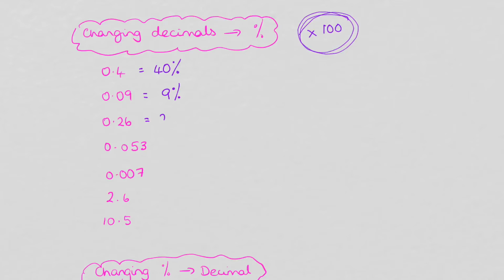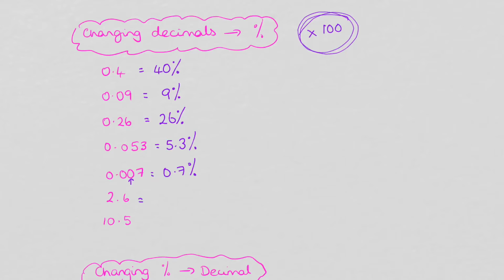We've got 26%. Times this one by 100. Remember, you're moving 2 places, so the 5 now goes in front of the decimal point. That gives you 5.3%. Multiplying by 100, this 0 now goes in front of the decimal point, so it's 0.7%.